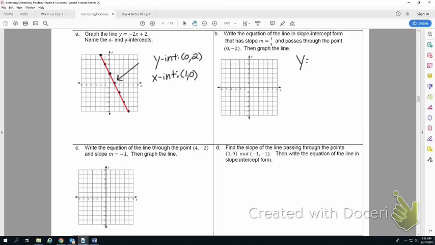I have the slope, which is 1/3. I have my y-intercept, which is negative 2. And I can graph that. Graph my y-intercept. Mark off my slope.